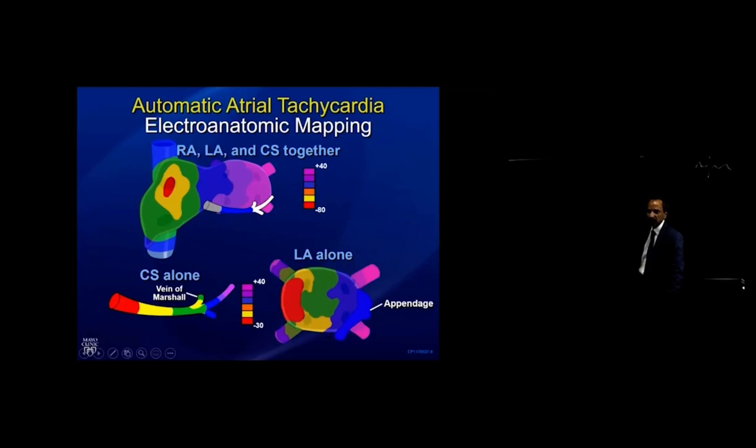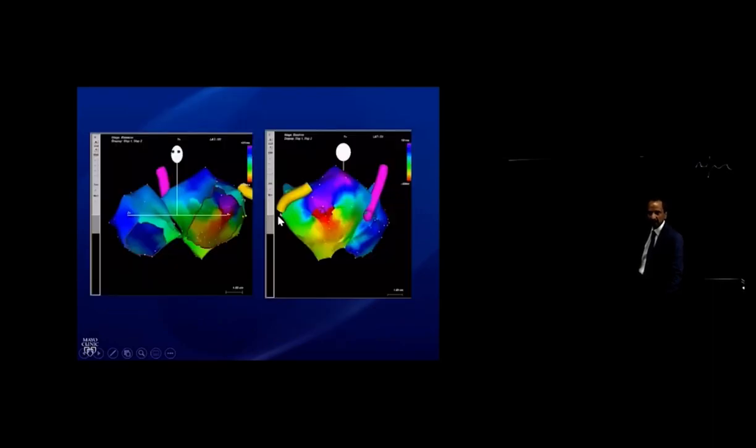Just a few words about wrong diagnosis. Remember, a pattern of activation does not define a circuit. We can have just bystander patterns of activation. This is a patient of mine where I'd already attempted cavo-tricuspid isthmus ablation because the pattern of activation suggested it. The patient did not have structural disease and did not have atrial fibrillation.